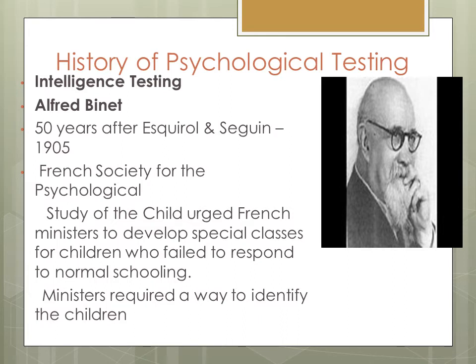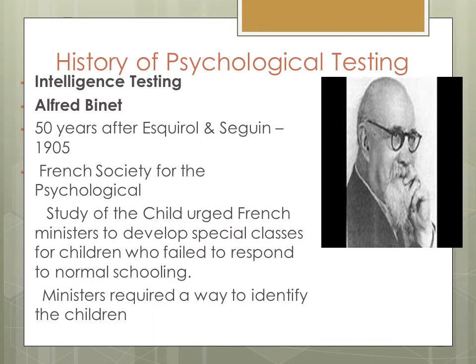All right, now let's go to intelligence testing. The intelligence testing was first started by Alfred Binet, 50 years after Esquirol and Seguin, in 1905. He is a French researcher of the society for psychology.